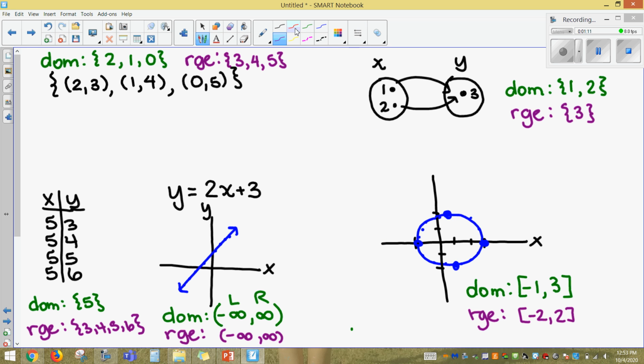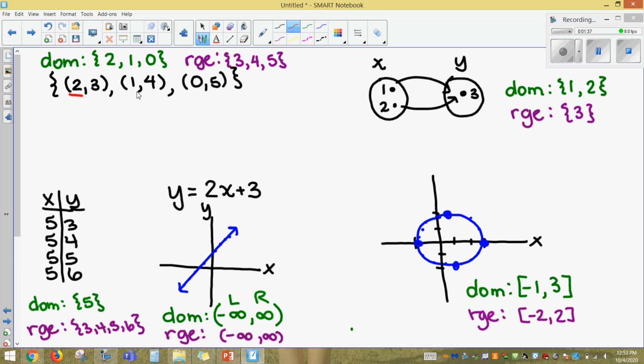So when we're looking at these 5 relations here, some of them are functions and some of them are not. Looking at this list of ordered pairs, I see that my x value of 2 is matched with 3. I'm going to look at the rest of my list and see whether an x value of 2 is ever matched with anything other than a 3 for y.